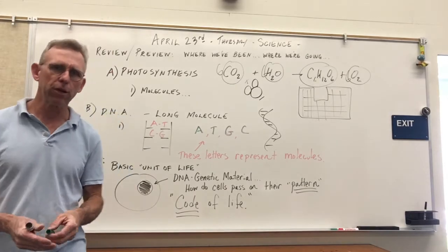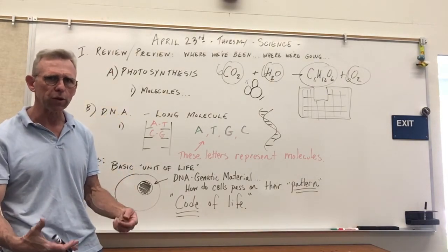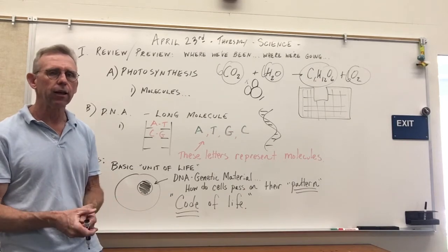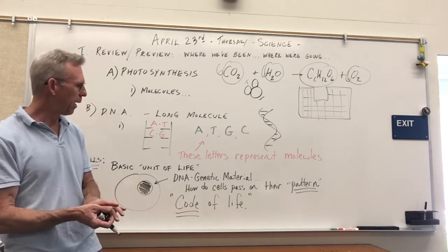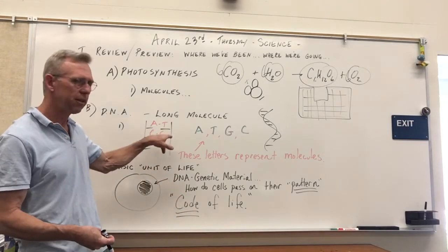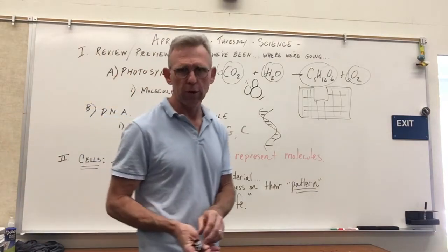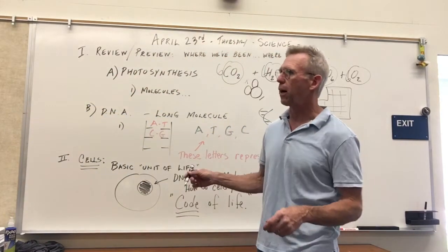It's not like your parents exactly gave you the exact molecules that make you. What they did is they gave you a pattern. They give you a code. They give you a sequence of these As, Ts, Cs, and Gs that fit together in a particular way to make you. So that's what we're studying here in class right now.